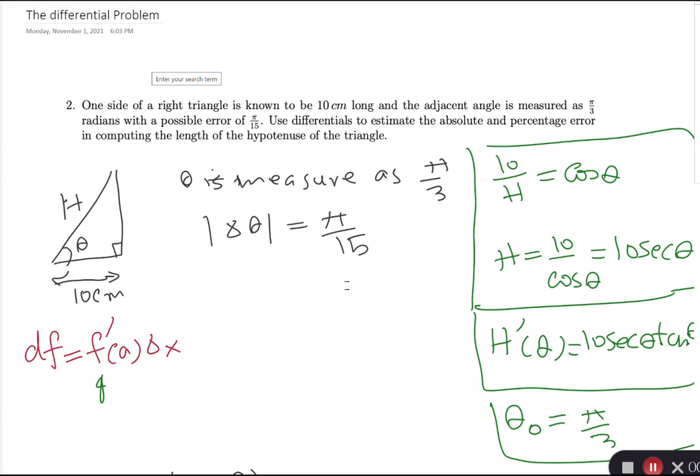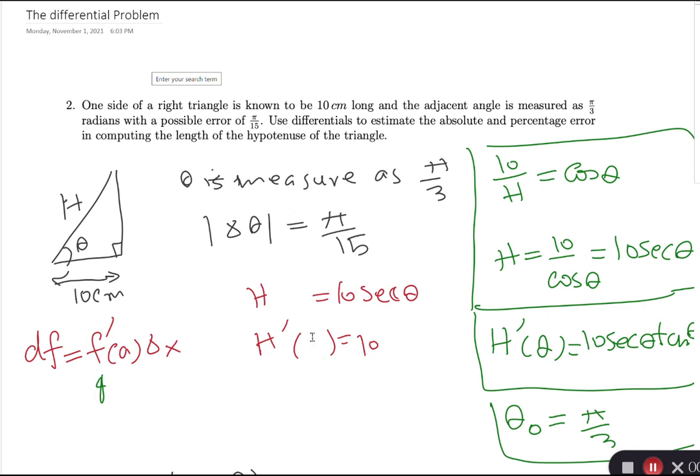And so one thing that you can compute is h of theta 0 and h prime of theta 0, the two things. h is going to be 10 secant of theta 0. What is theta 0?